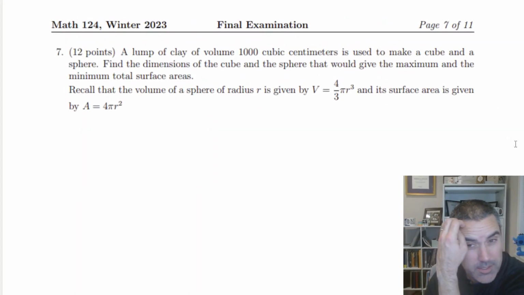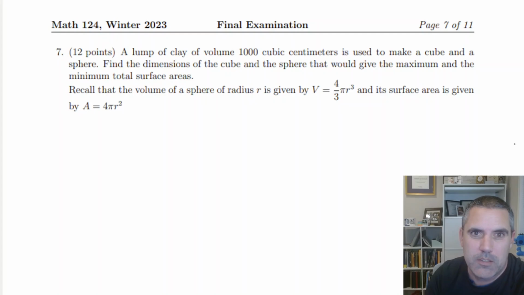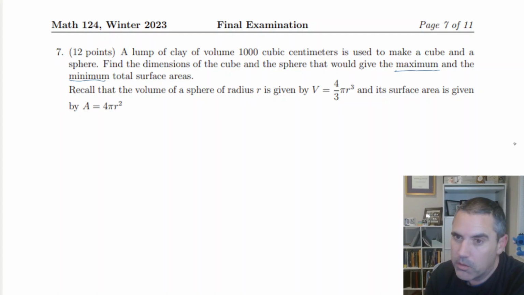A lump of clay has a volume of 1,000. It's used to make a cube and a sphere. Find the dimensions of the cube and the sphere that would give the maximum and the minimum surface areas. Okay, so that means we're going to have to make a couple conclusions, but it's not going to change how we do the problem. What do we want?